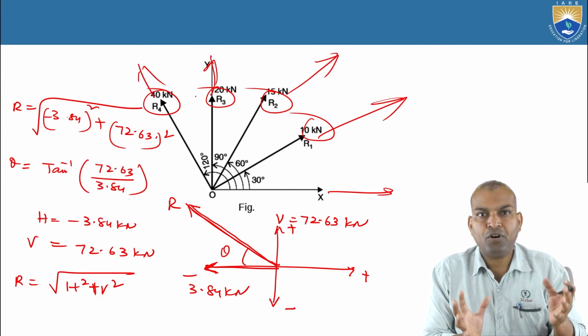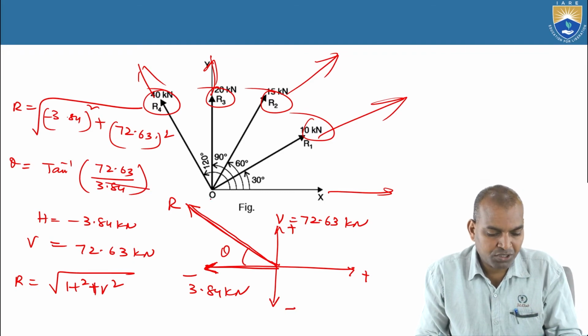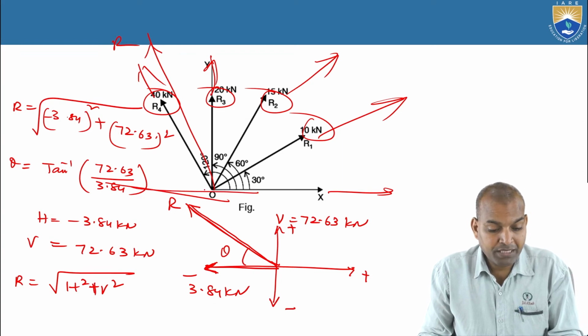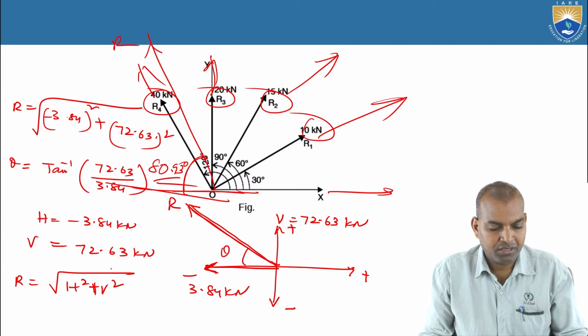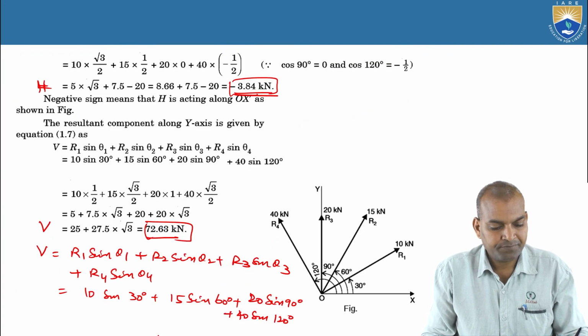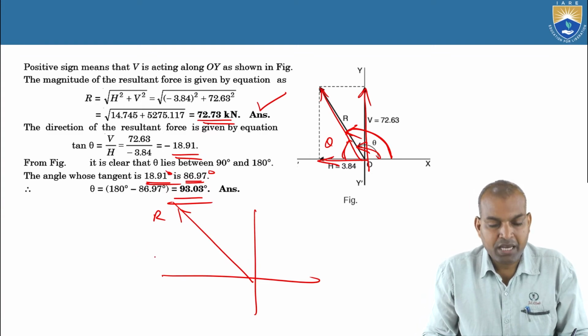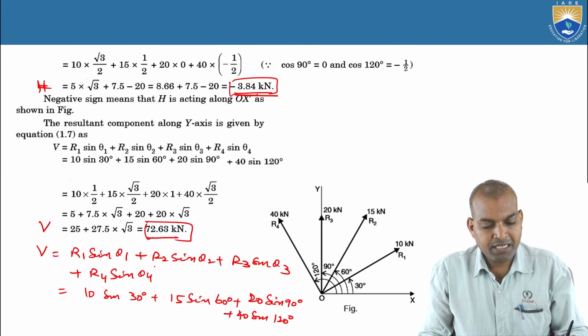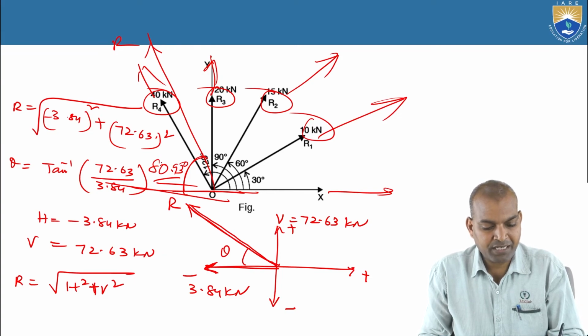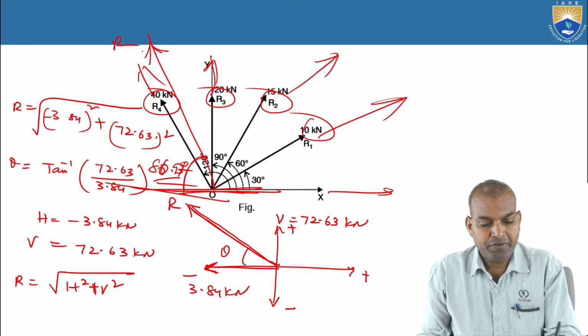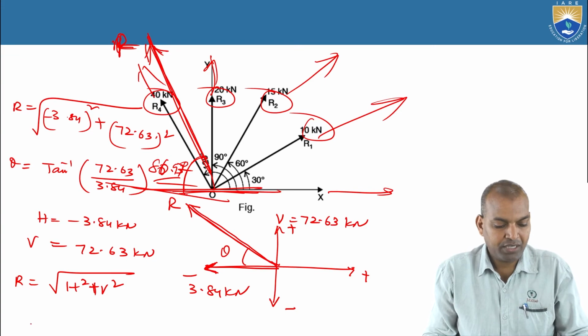But the effect of all these, the resultant force, is passing through somewhere else. How much angle is it making? About 93 degrees. The resultant force which is acting makes 86.97 degrees with the axis, and this resultant is acting in the upward direction.